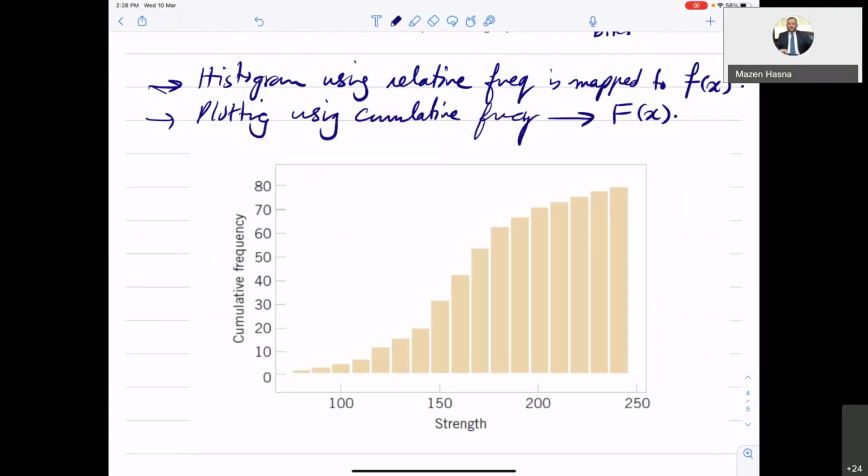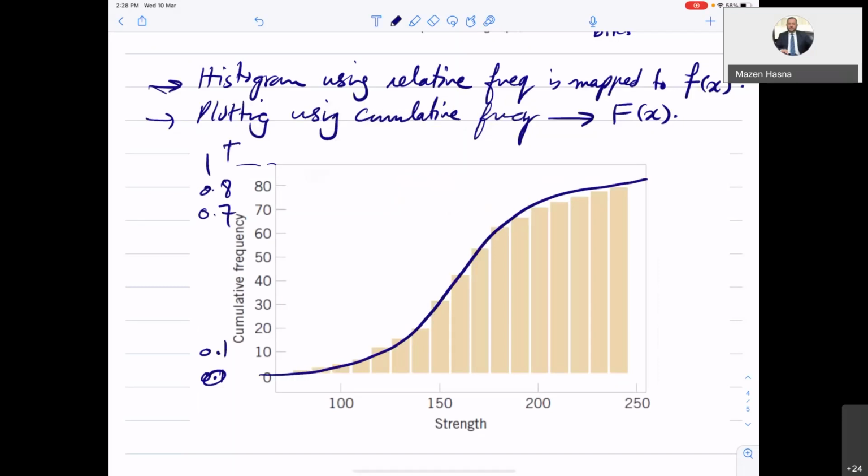Again, this is total cumulative frequency. You can do it as divide by, so this will be 0, this will be 0.1, all the way to 1. So this is 0.8, 0.7, and so on. So this will be your capital F of x.